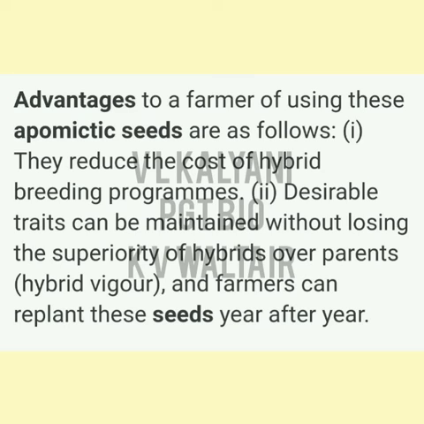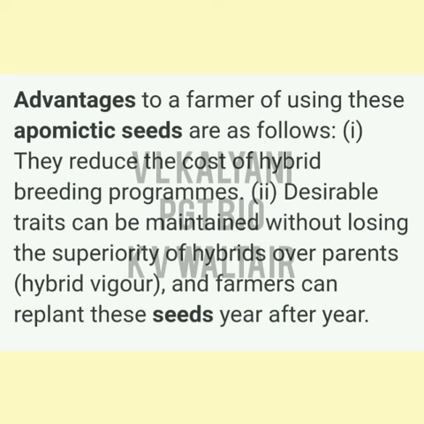In that case, suppose you are growing apomictic seeds. You are converting this hybrid variety into apomictic seeds. If you are capable of getting seeds without fertilization year after year, season after season, you can get the same variety. Why, madam? Why can you get the same variety?